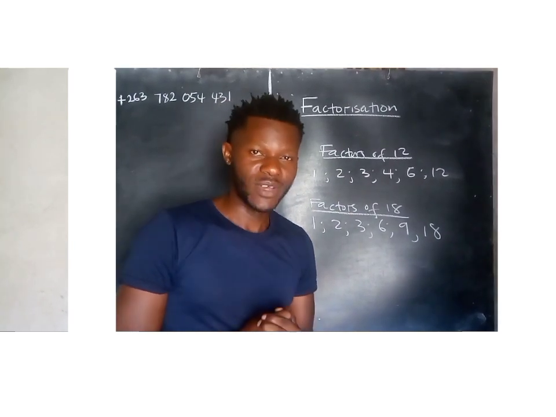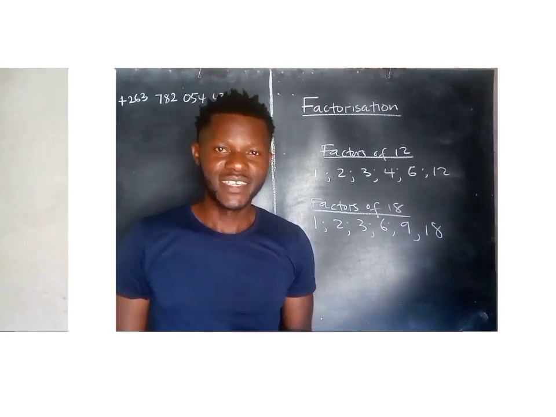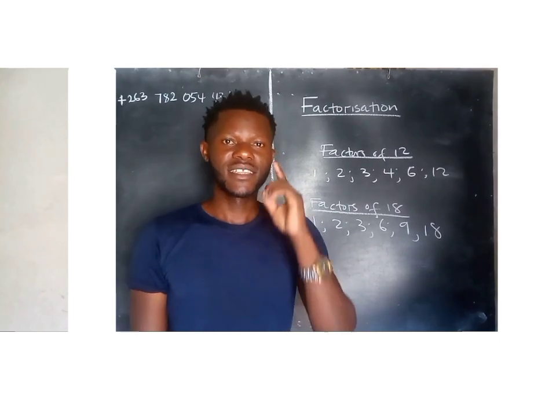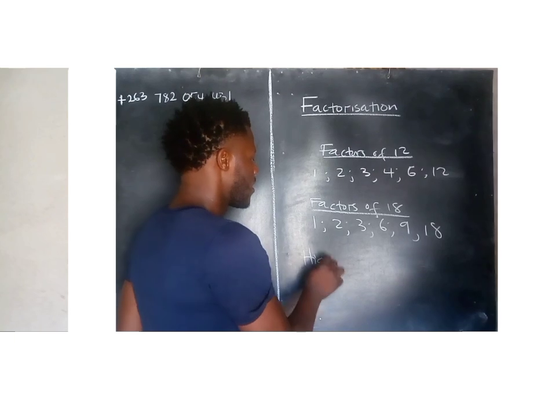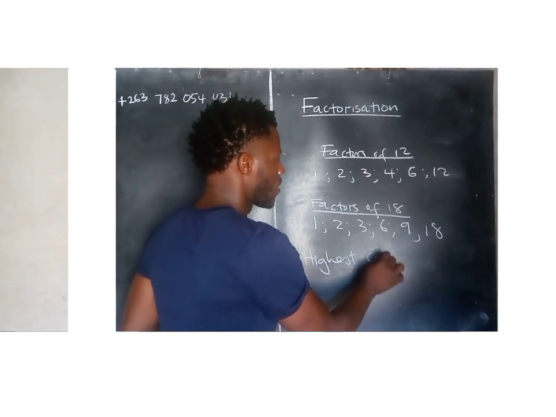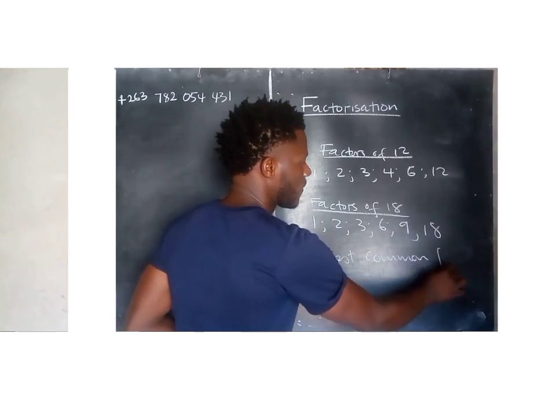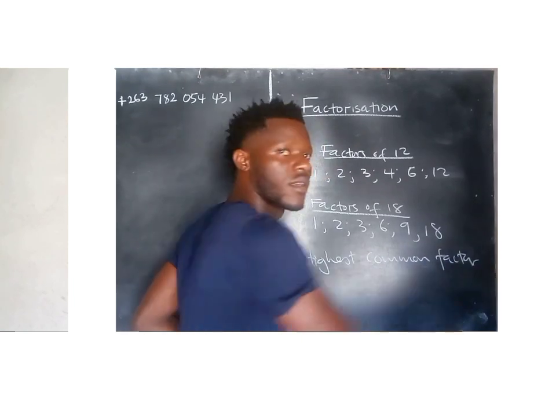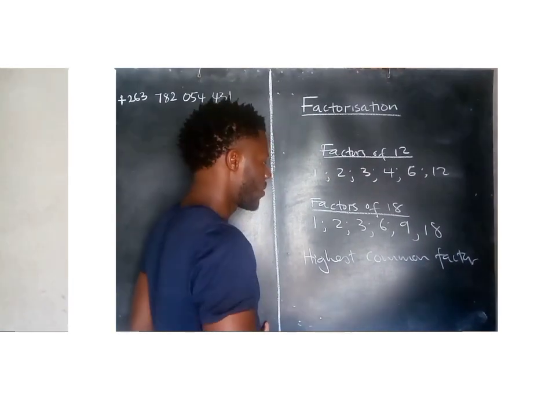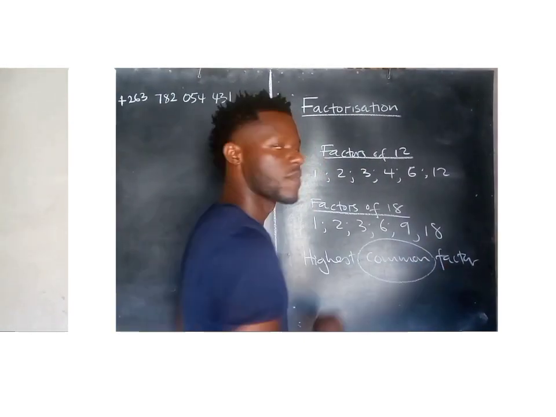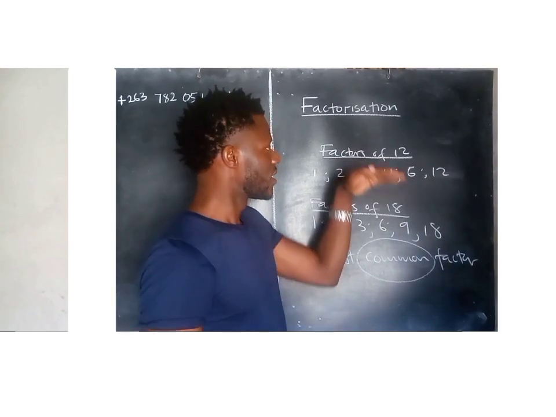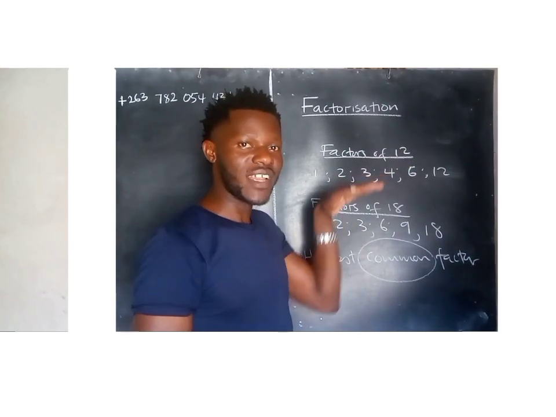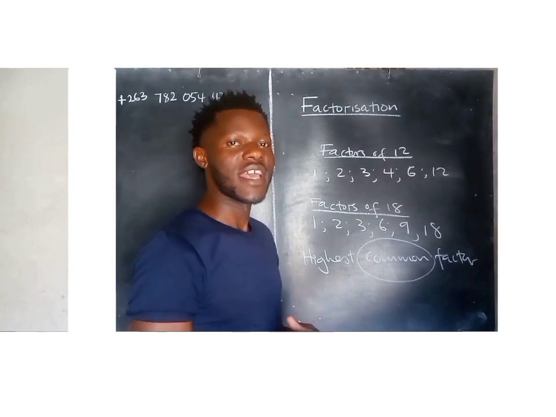So what is to factorize? To factorize is to identify the highest common factor. To start with, let's talk about the word common. Common means a factor which is appearing in both families, the family of factors of 12 and the family of factors of 18.